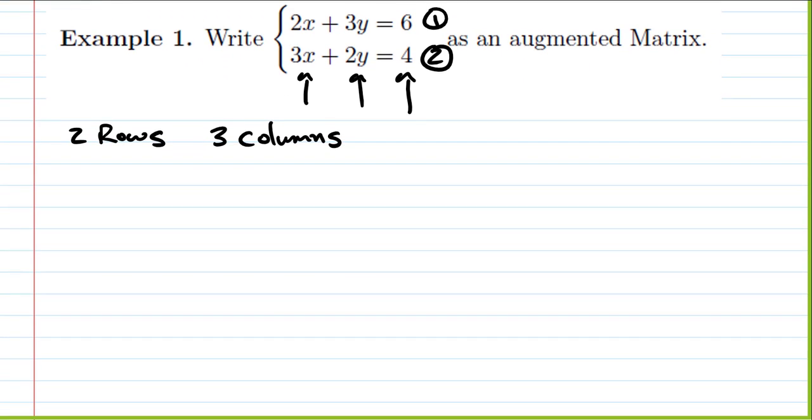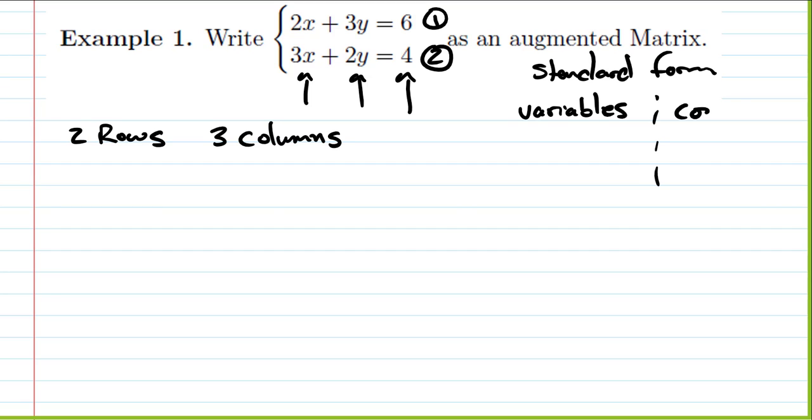When we're writing a system of linear equations as an augmented matrix, we always have to have our system in standard form, which means we're going to have all of our variables on the left side, and then on the right side, we're going to have our constants.